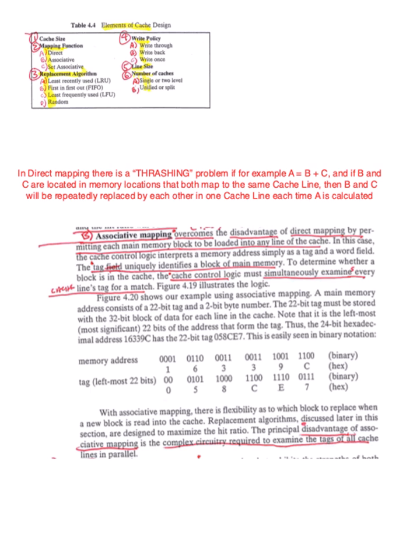Now the tag uniquely identifies a block of main memory, and the cache control logic simultaneously examines all the cache line tags for a match. That can be a very large comparison. You've probably designed comparators in courses for me, or maybe somewhere else, the prerequisite course.